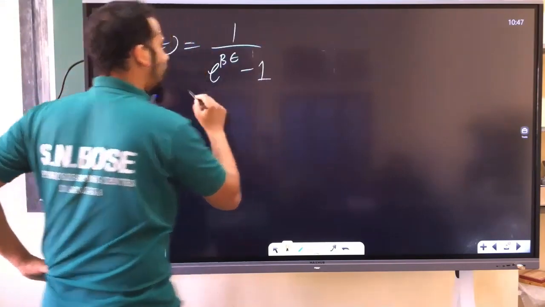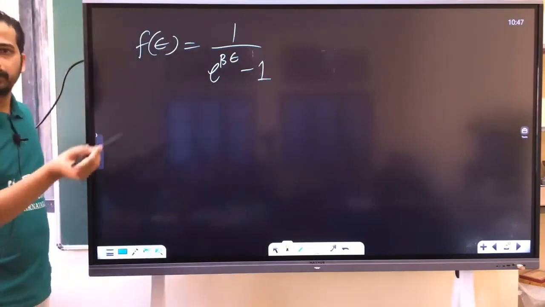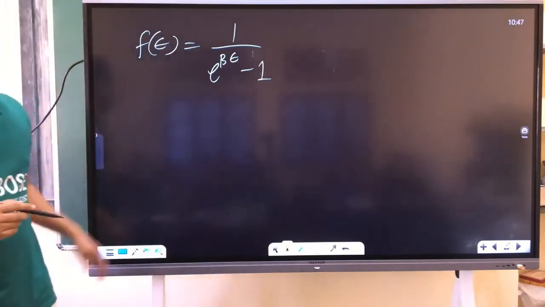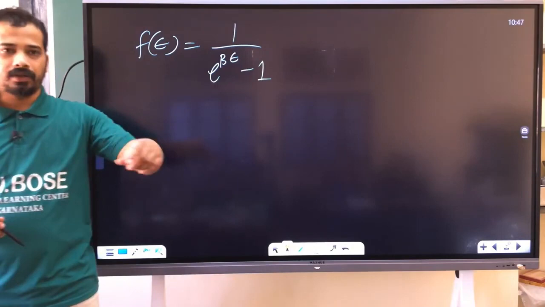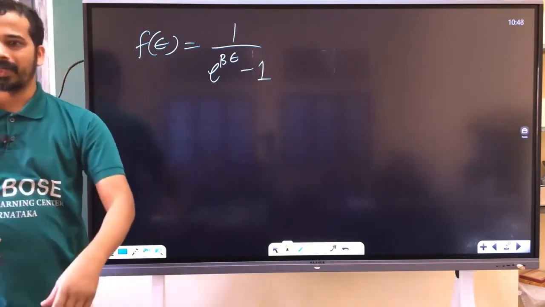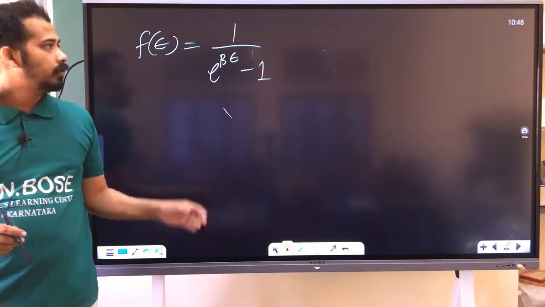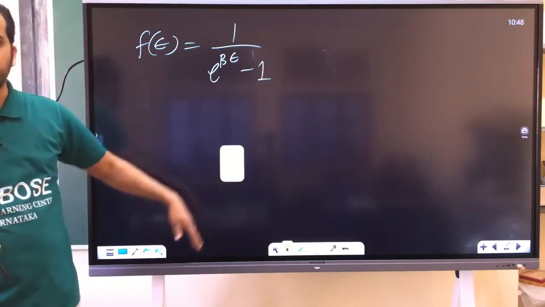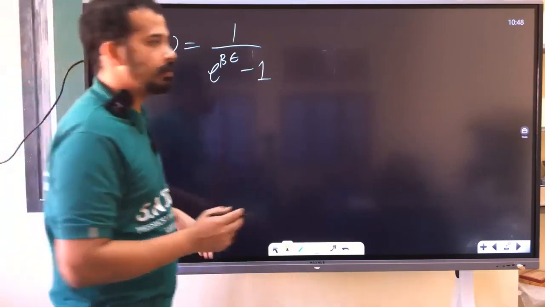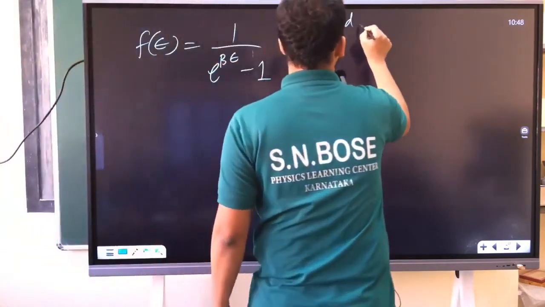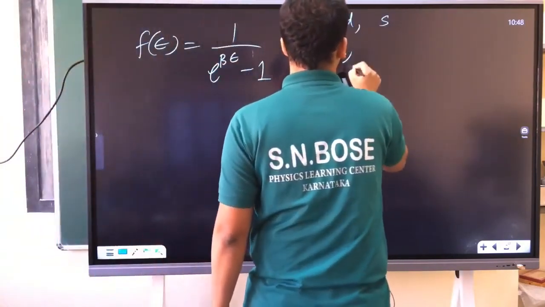Why? Because phonon follows photon statistics, isn't it? I'll write in terms of energy. There we have written in terms of omega, am I right? Little bit condensed matter approach. I'll write in terms of energy. Why not? I need only temperature dependency, isn't it? F of e is this one, and again depending on dimension, you find rho of e d e.